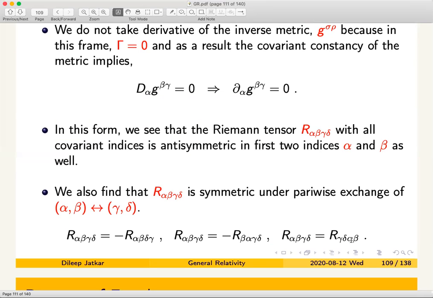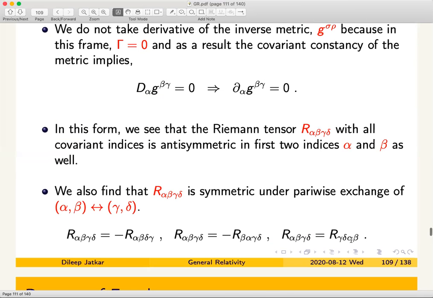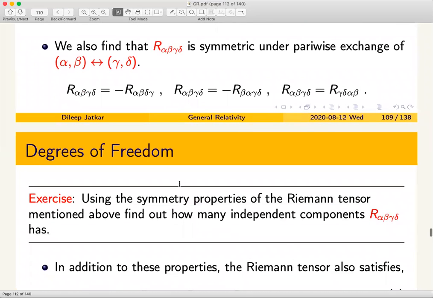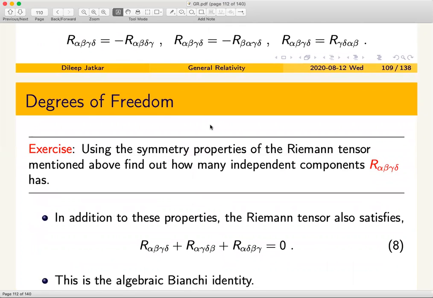So these two are antisymmetry relations, whereas this is a symmetry relation. That is the symmetry that we found, and we wanted to check what is the total number of independent components that the Riemann tensor could have. Of course, in addition to this, there is one more identity that the Riemann tensor satisfies, which is called the algebraic Bianchi identity, written out here: R alpha beta gamma delta plus R alpha gamma delta beta plus R alpha delta beta gamma equals 0.